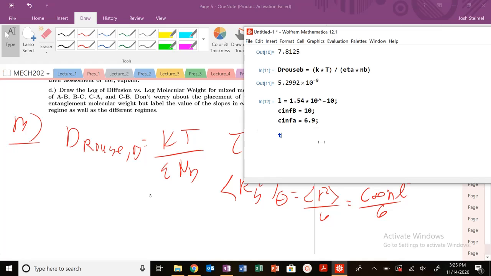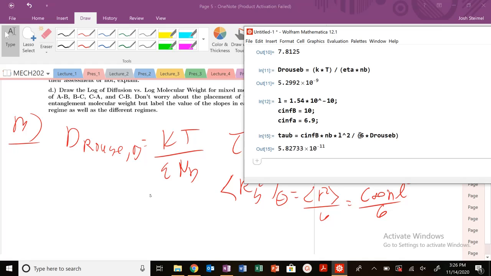So if I want to look at my tau B in the Rouse regime, it's just going to be equal to C inf B times NB times L squared divided by 6, but this also is going to be times D Rouse B. When I do that, I get a very, very small relaxation time.